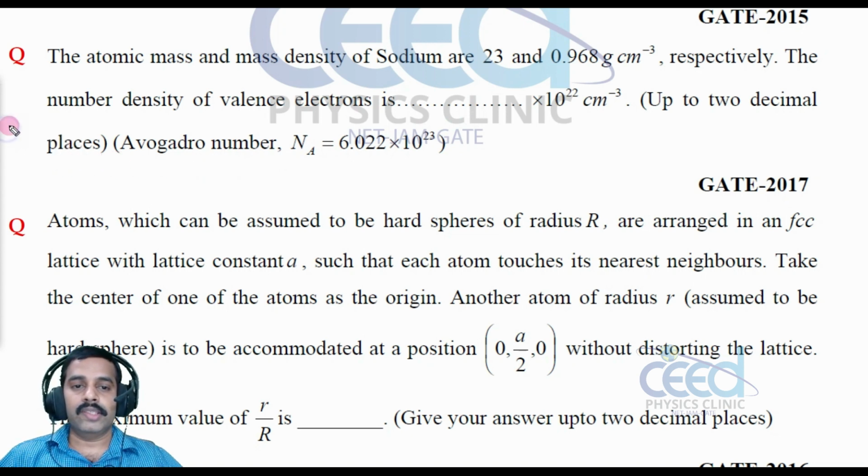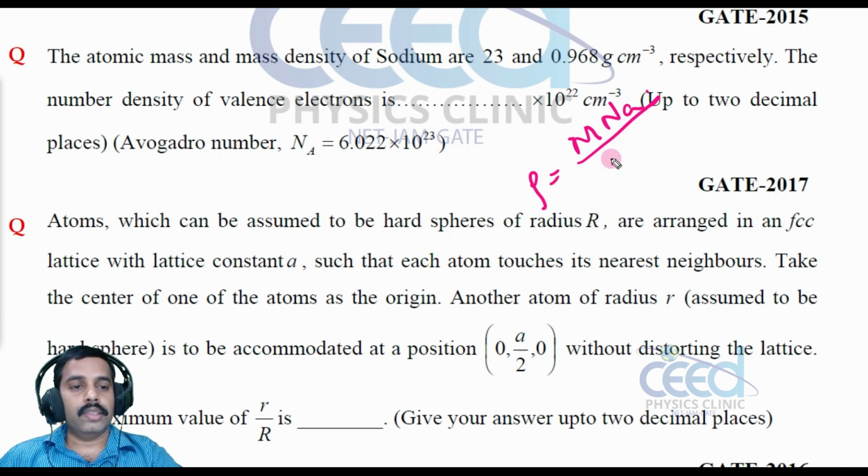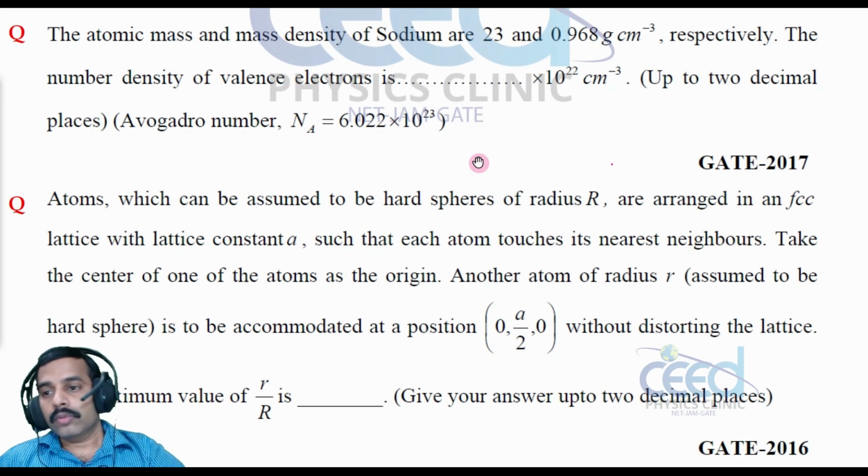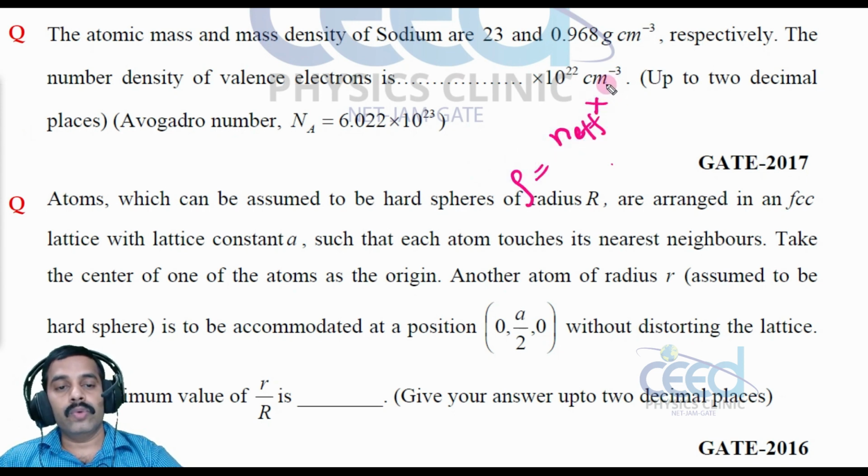We have already seen this expression: density is equal to N effective into M divided by Na, the Avogadro number, into a cube, right?